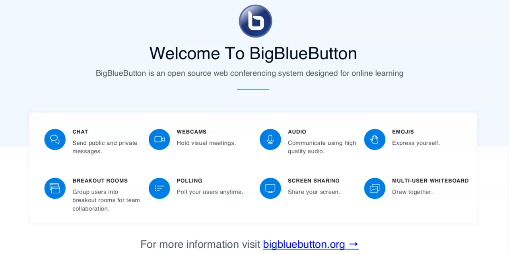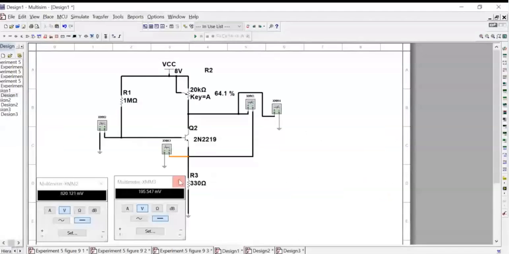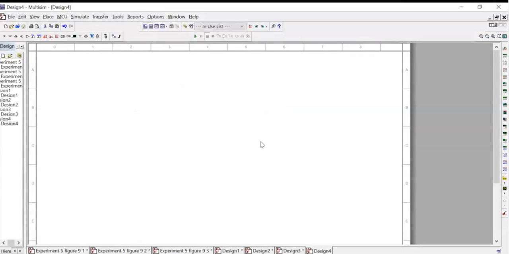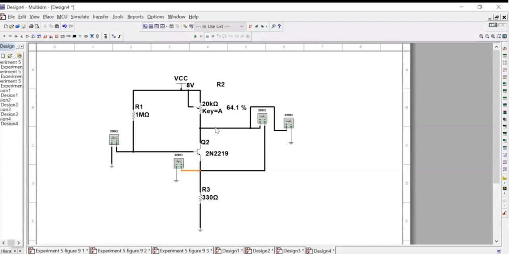We need to share the Multisim again. So close this one, close, close, close. So we need almost all of this one. So I will create a new one. Just copy paste the first circuit, and I will delete the other components.